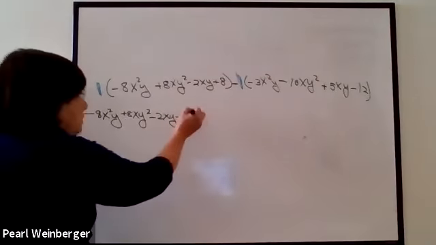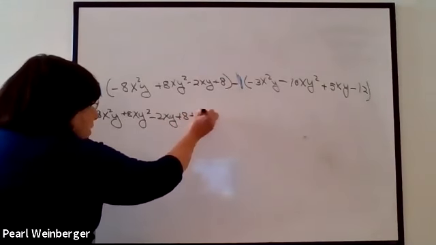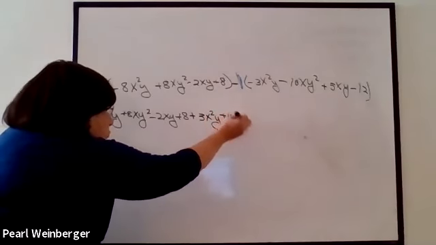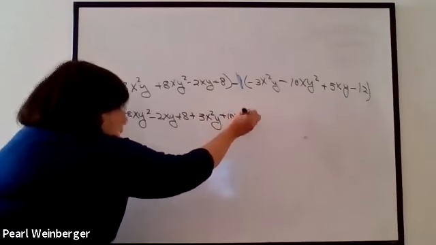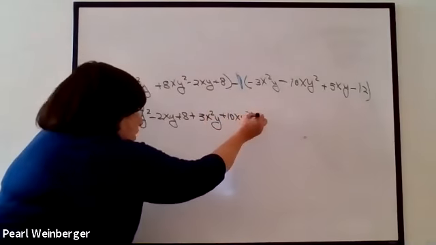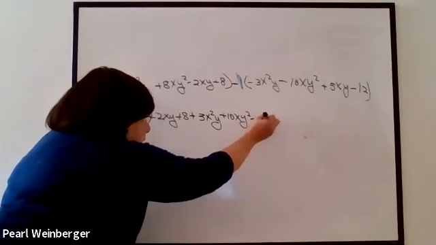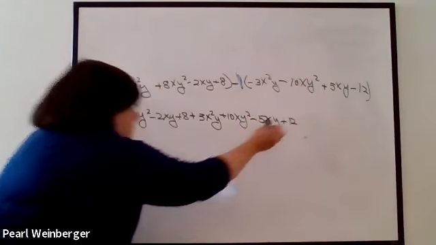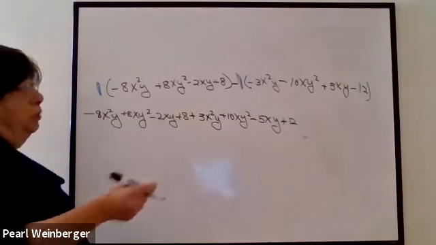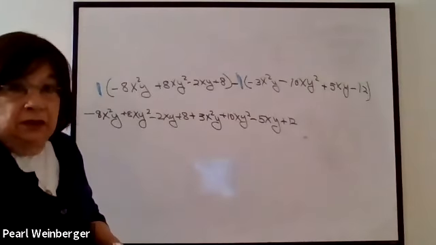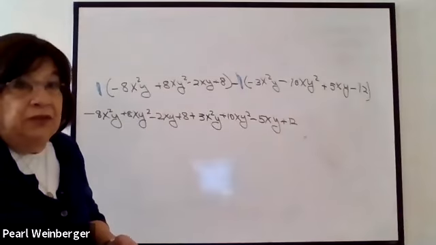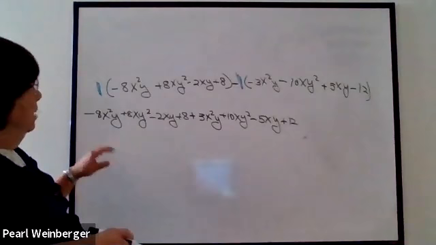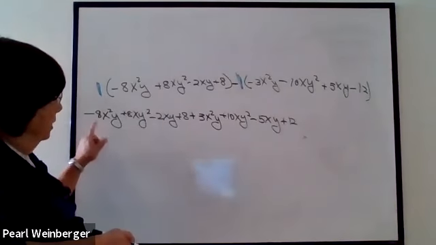So that becomes a plus 3x squared y, a plus 10xy squared, a minus 5xy, and a plus 12. Essentially, what a minus in front of a parentheses does is it changes all the signs of the terms inside the parentheses. And now we look for our like terms.